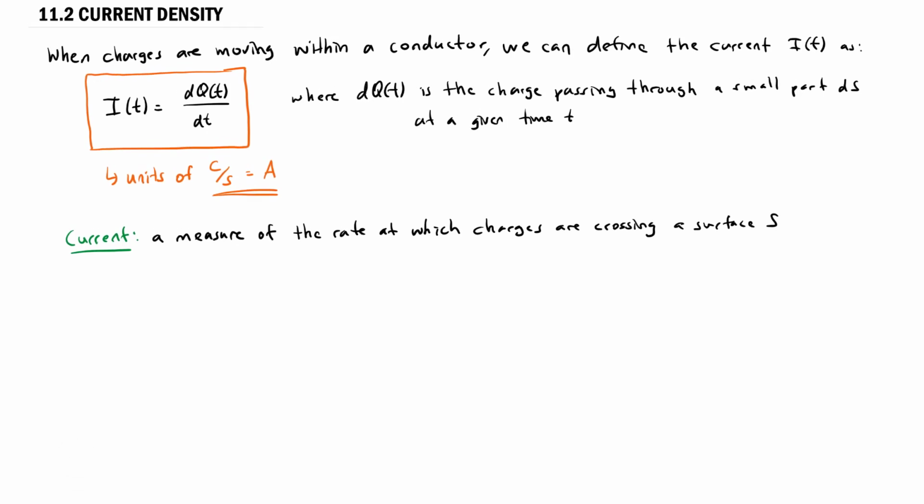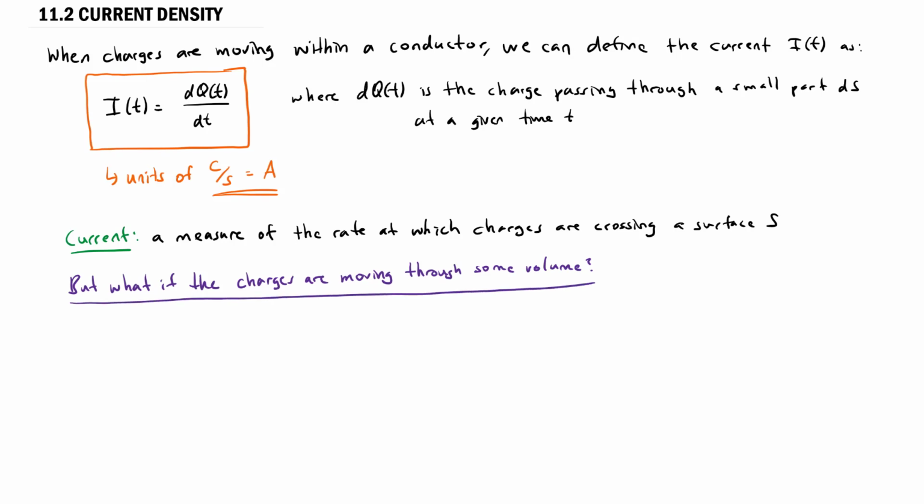So we're going to take a look more closely at this. We're going to first ask ourselves a question: what if the charges are moving through some volume? This is a very important question because now we're not really just looking at current.